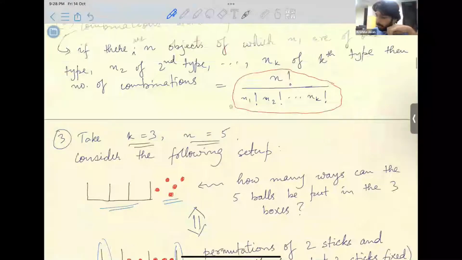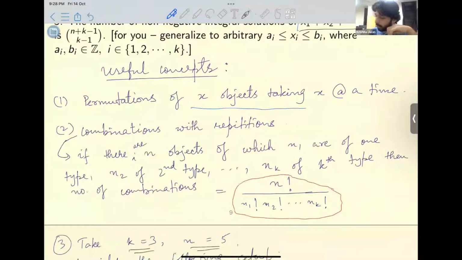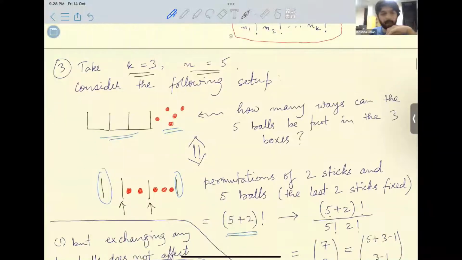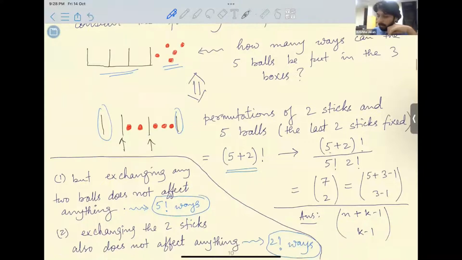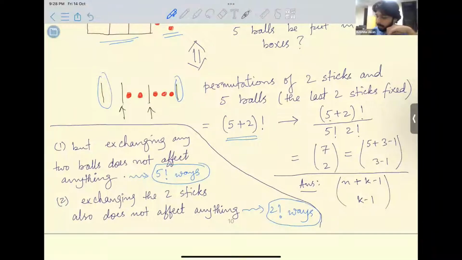So what I'm trying to say is, you consider X objects, you permute all of them at a time. Here the X objects are 2 sticks and 5 balls. So you have (5 plus 2) factorial such arrangements. But now the problem is that if I exchange these two balls, I will not affect the arrangement.